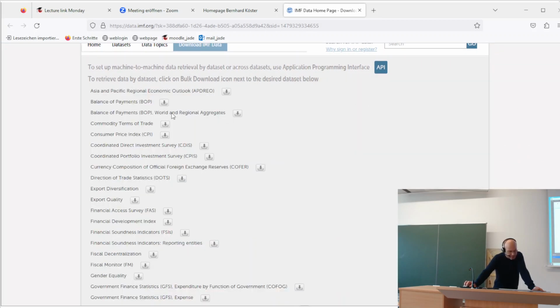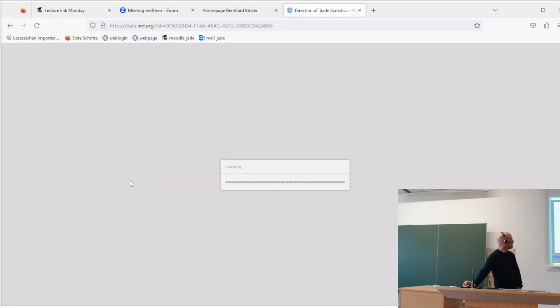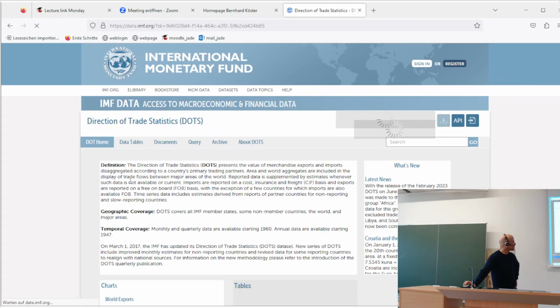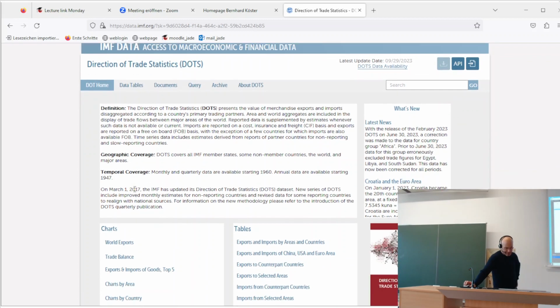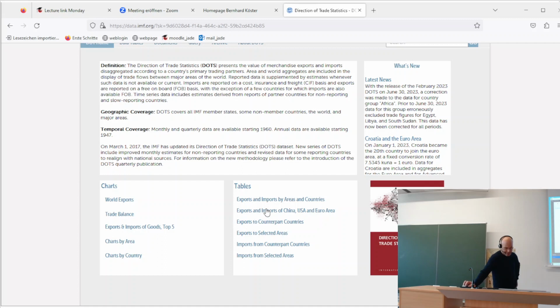Yeah, and here you find the trade data, especially here in direction of trade statistics. And if you click on this, you come directly to the trade page, and here you find exports and imports, and especially what is interesting afterwards, by areas and countries.